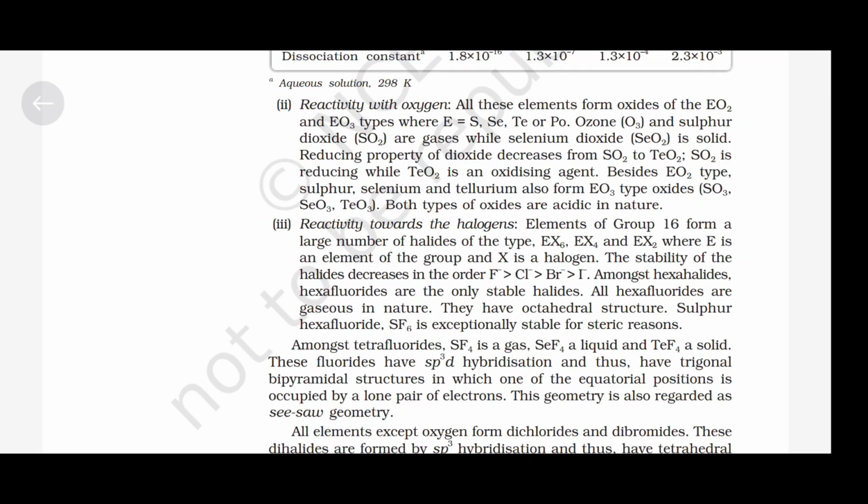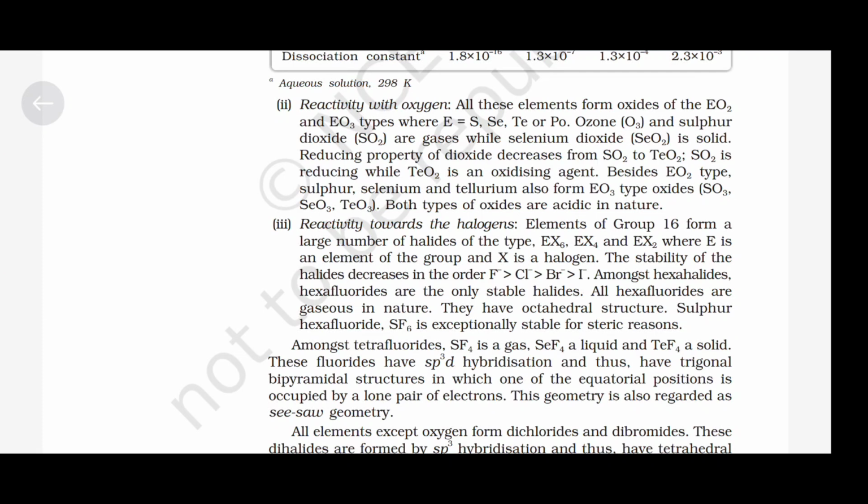Amongst hexahalides, hexafluorides are the only stable halides. All hexafluorides are gaseous in nature. They have octahedral structure. Sulfur hexafluoride SF6 is exceptionally stable for steric reasons.